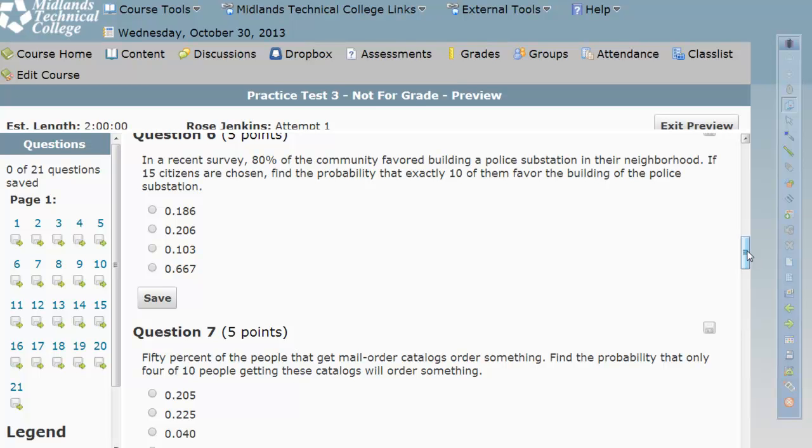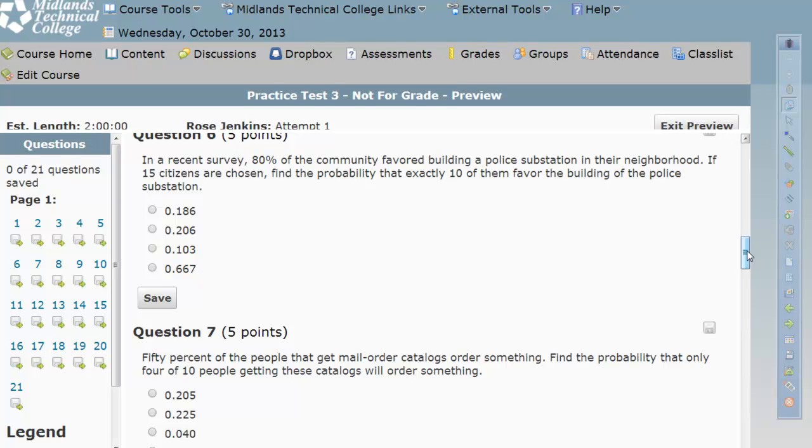All right. How do you decide if something is binomial? We have to have 4 requirements. First, we have to have 2 outcomes, right? Okay, probability of success is the same for each trial.